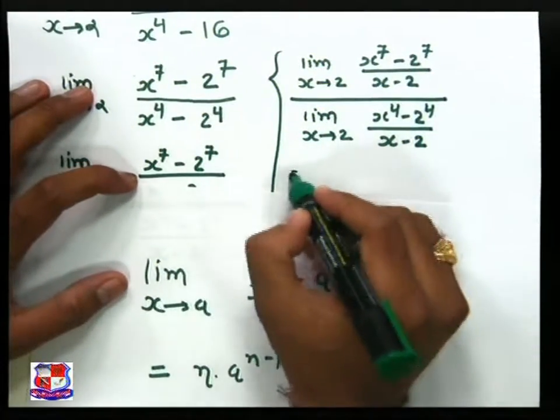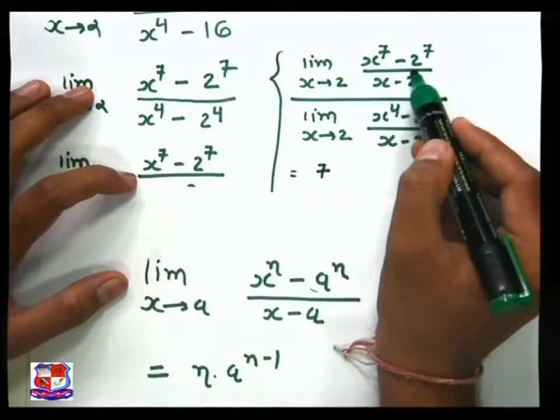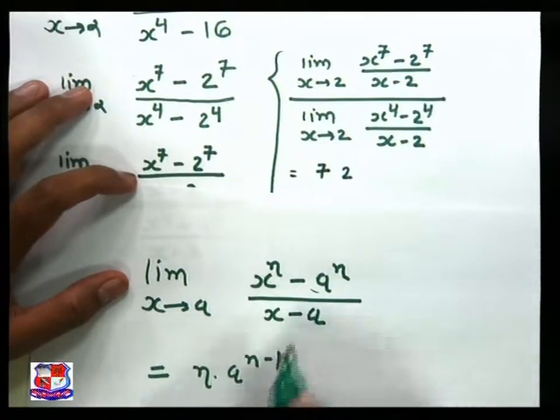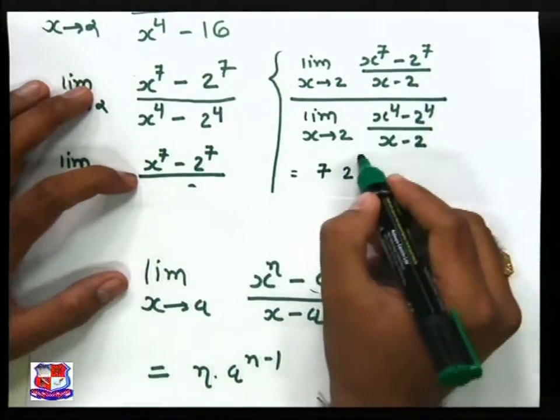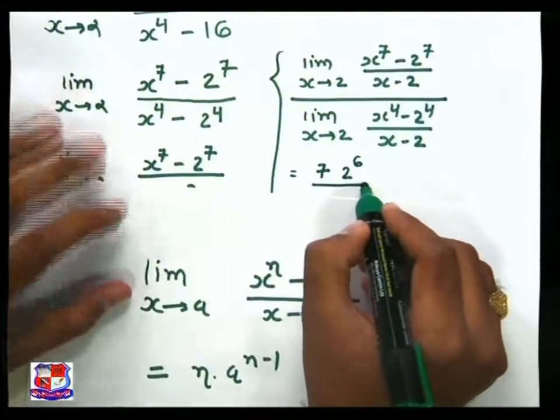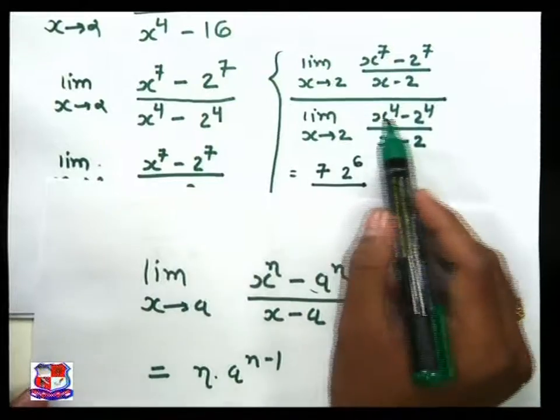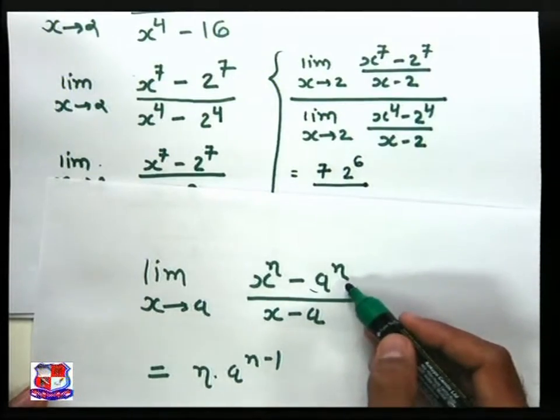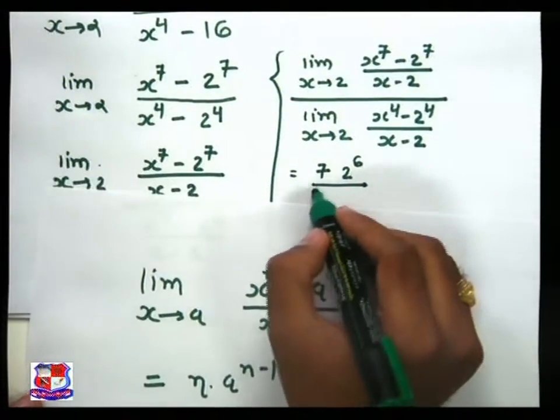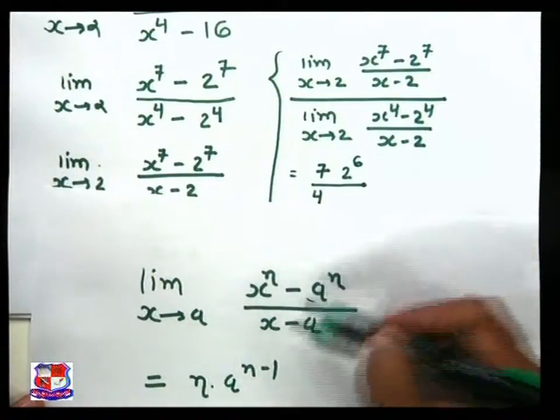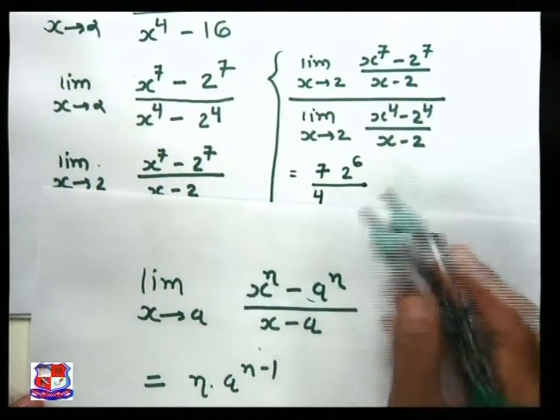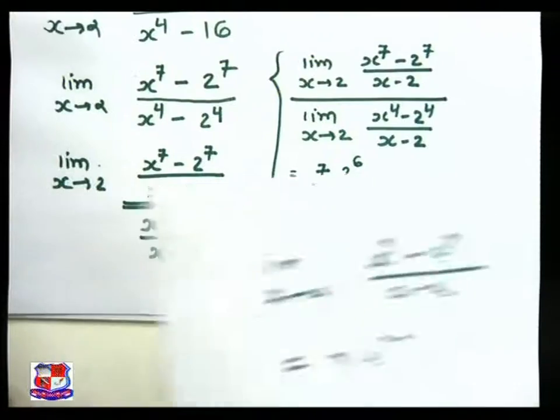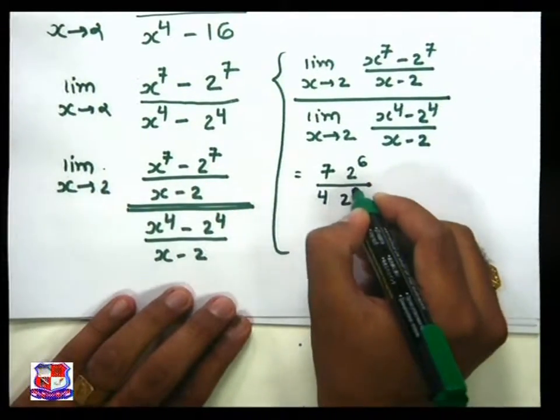So n is 7, a is 2, and n minus 1 is 7 minus 1, that is 6, divided by here a becomes 2 and n is 4, and a raised to n minus 1, so 2 raised to 4 minus 1 becomes 2 raised to 3. So we write 2 raised to 3.